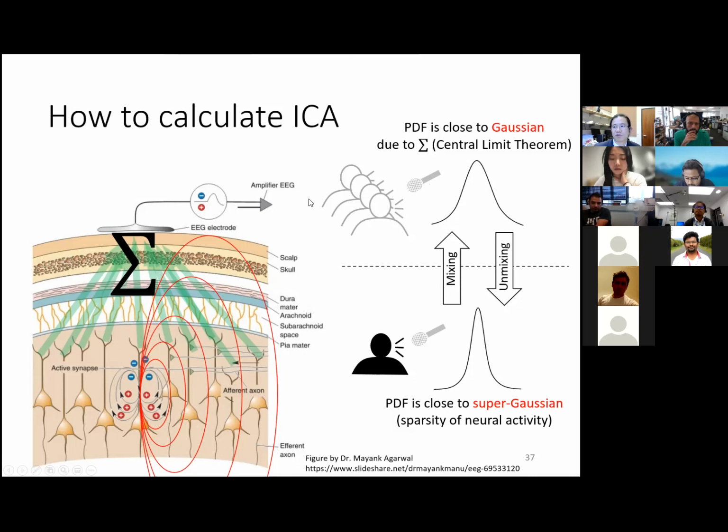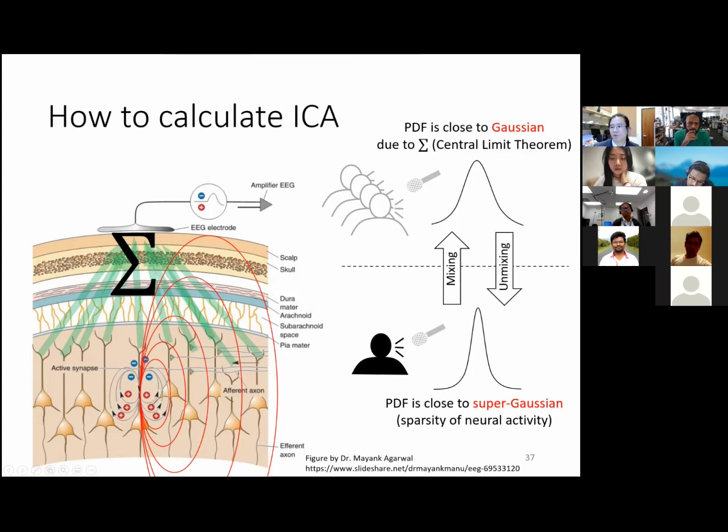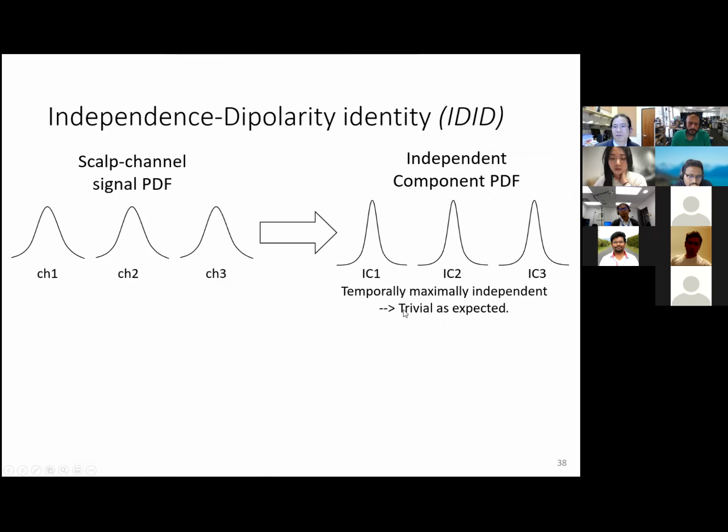So if you want to go in reverse of this process, then unmixing means you find some non-Gaussian patterns. You find some linear combination operation that makes each source activity maximally non-Gaussian. So that allows the unmixing. That sounds too simple, but in fact that is the principle.